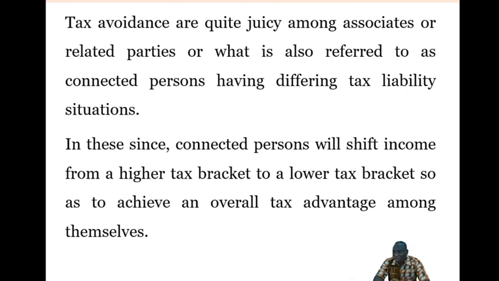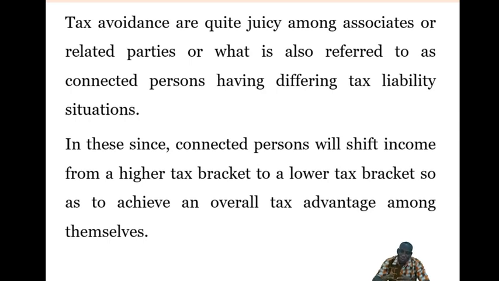It was just about a 1-page solution, and then you get 20 marks. Connected persons are persons with whom there is a connection. And they are also referred to as associates or related parties.